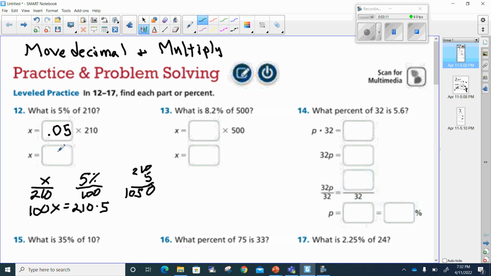So that'd be 100x equals 1,050. When I get x by itself, that's dividing 100 away from it. So that's moving the decimal back 2 spaces. So x is going to equal 10.5.